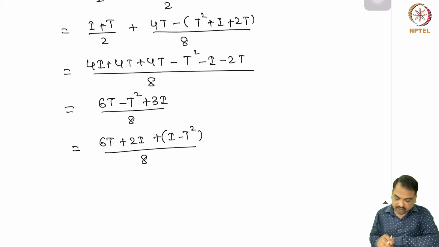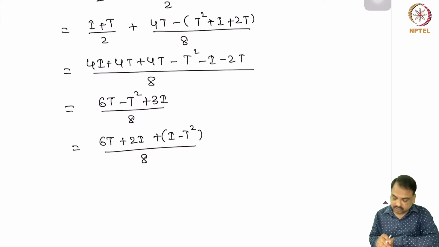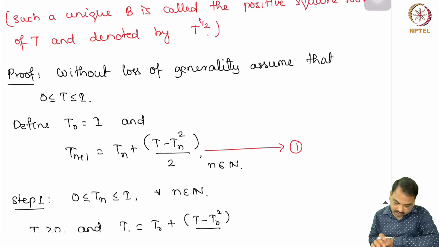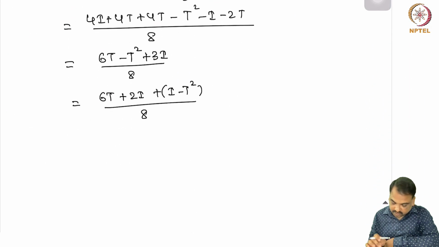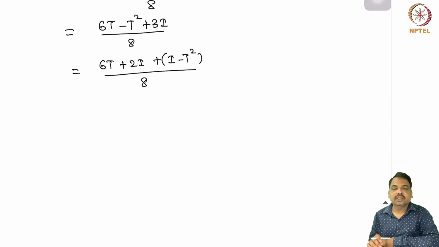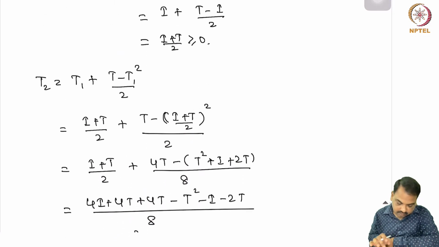We know that T is positive, so 6T plus 2I is positive, and since we assume that 0 is less than T less than or equal to identity, we know that T square is also less than or equal to identity, that we have already seen. That means I minus T square is positive, so the sum of two positive operators is positive, hence we can conclude that this is positive.